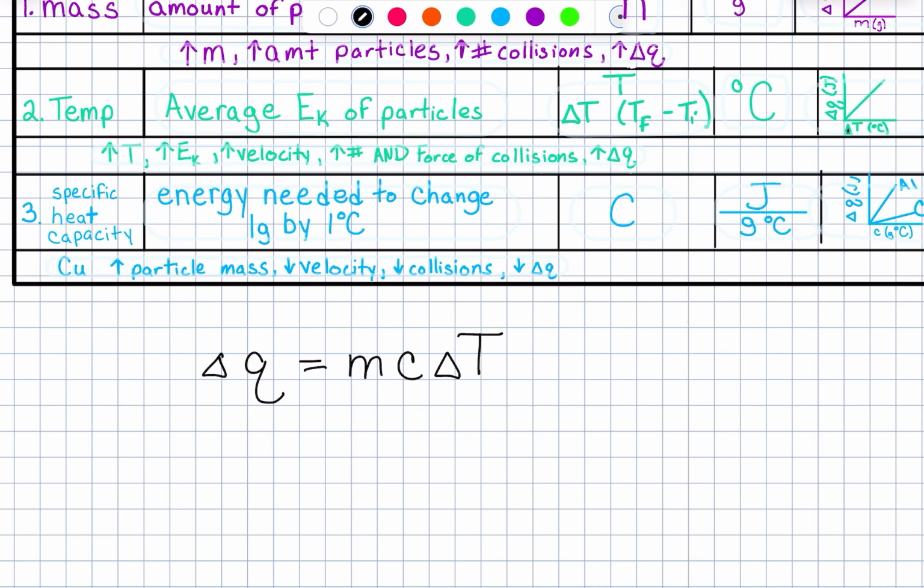This is just kind of what we remember. I call this the MCAT formula because C delta T, the delta looks kind of like an A, so it's delta Q equals MCAT, MC delta T.